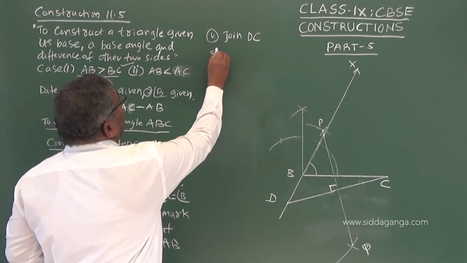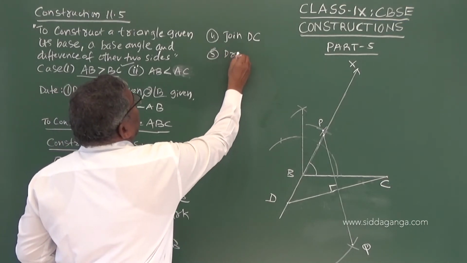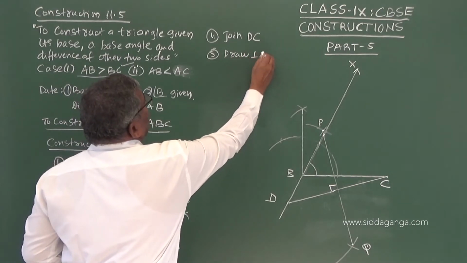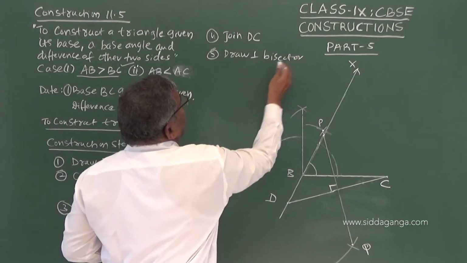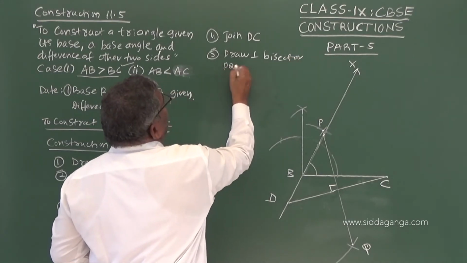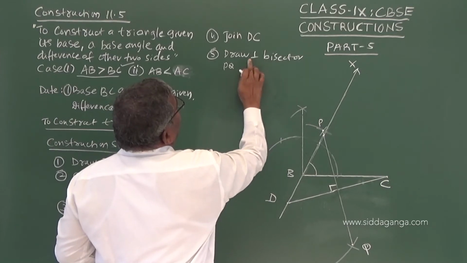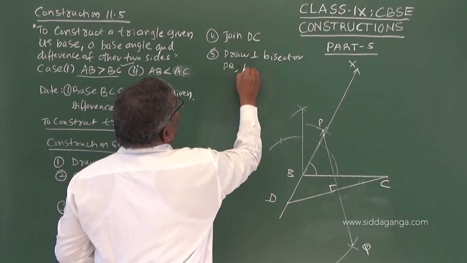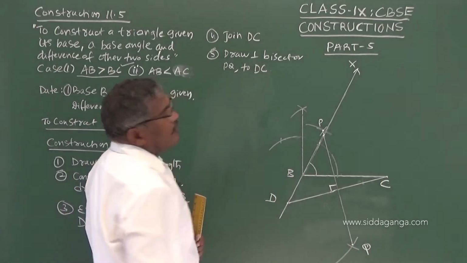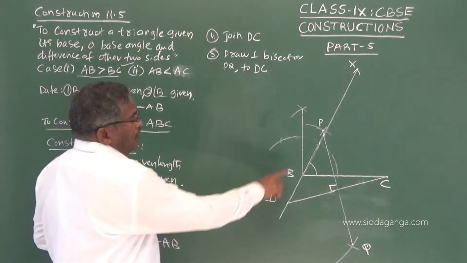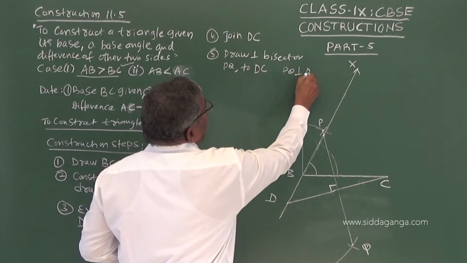So fifth, I will write: draw perpendicular bisector PQ to DC. That means PQ is perpendicular to DC.